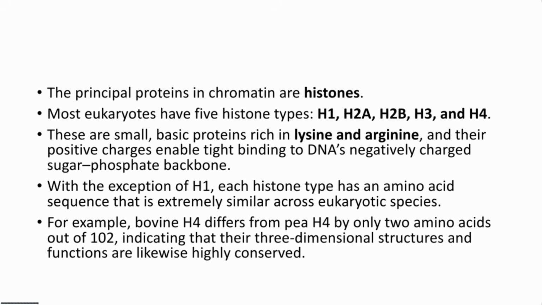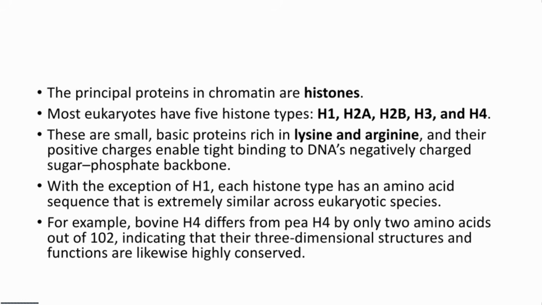The proteins present are basic proteins rich in lysine and arginine, which provide the positive charges that enable them to bind tightly to the negatively charged DNA, the sugar phosphate backbone. And except for histone 1 or H1, all the other histones are usually conserved across eukaryotic species.